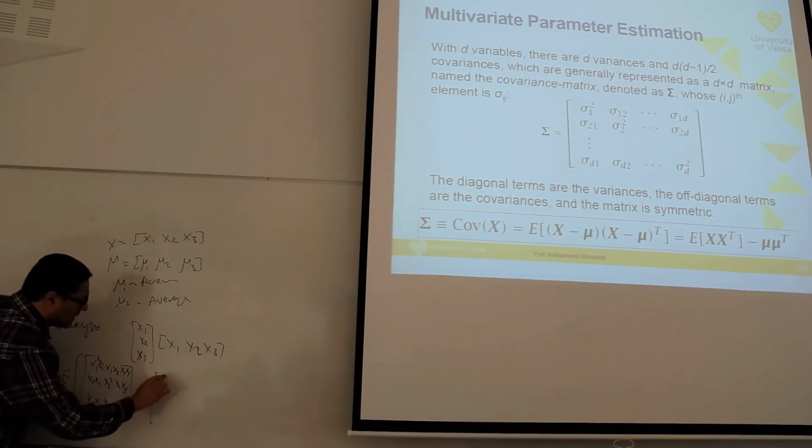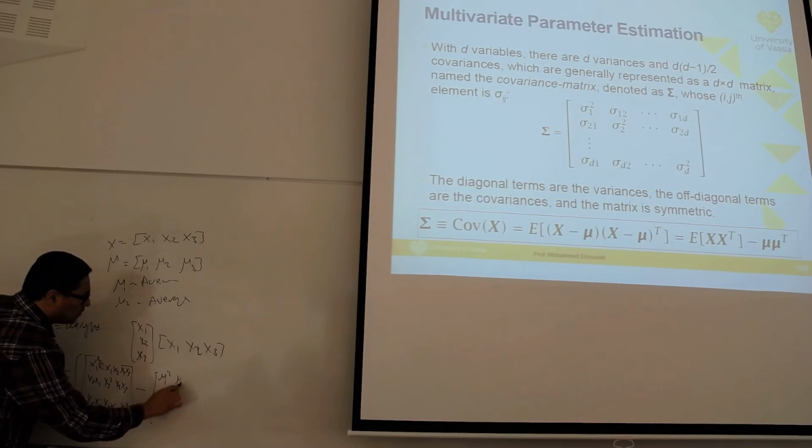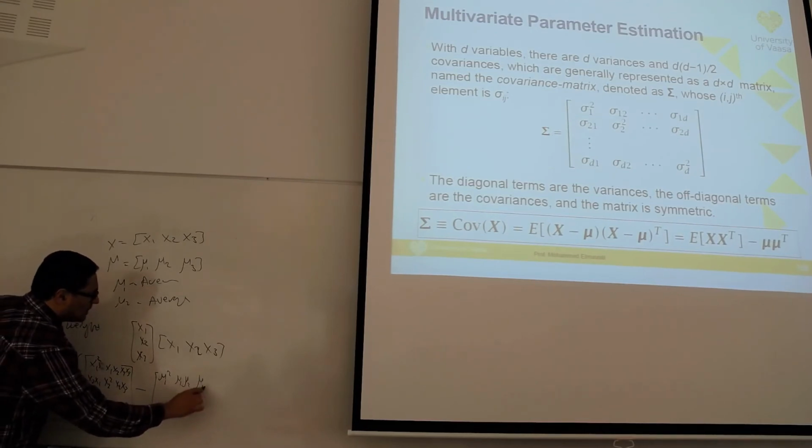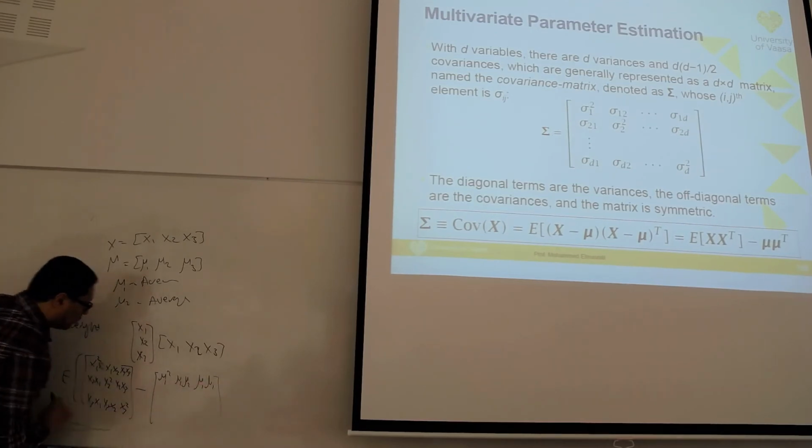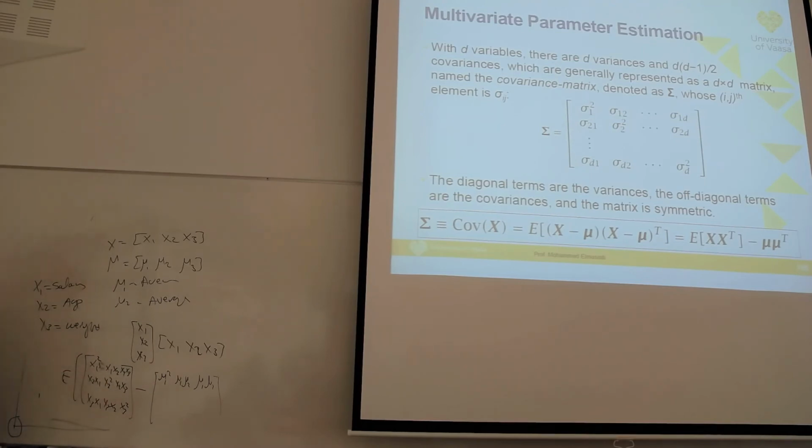So it will give you mu1 square, and this is mu1, mu2, mu1, mu3, and so on. When you take the expected value of this, it gives you the covariance matrix R_XX, which can be defined like this.